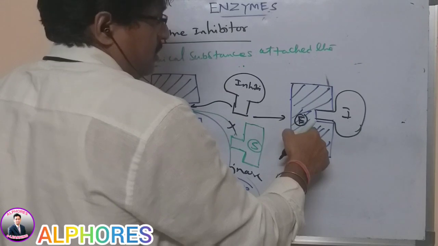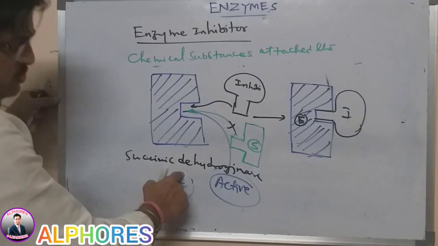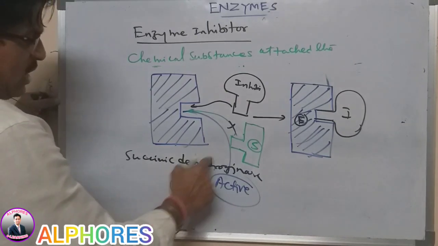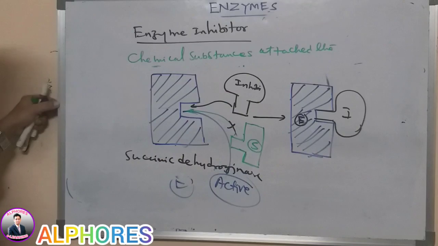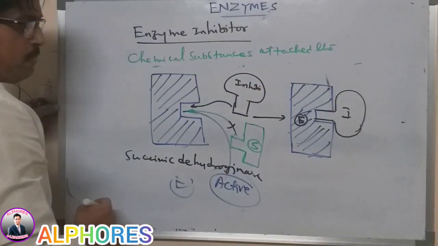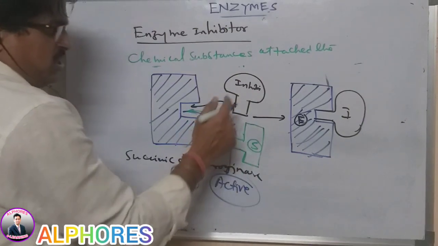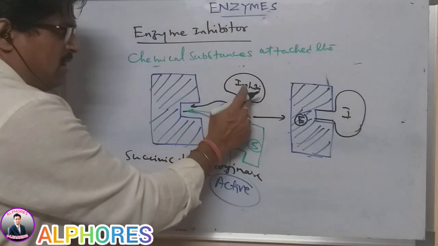So succinate dehydrogenase is actually the specific site for the conversion of the substrate molecule succinic acid into fumaric acid. But here it is prevented due to the inhibitor fixing in the site.